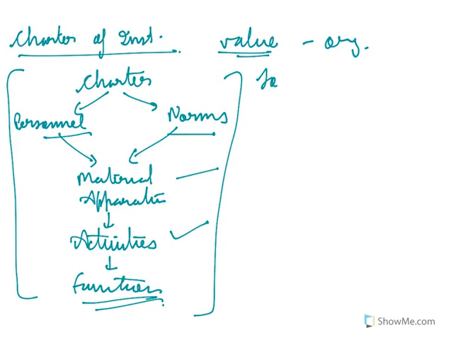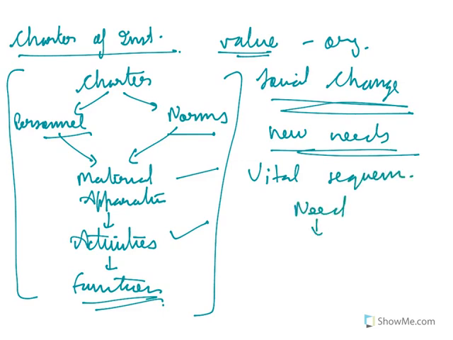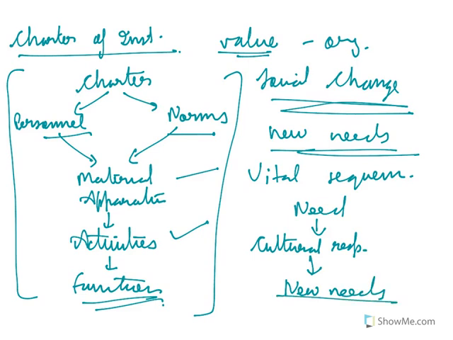And lastly, the theory of social change. So what did this theory argue? He argued that new inventions, revolutions, social or intellectual change occur when new needs are created. And it followed a vital sequence, which was that need led to cultural response, which further led to new needs, and this created social change.